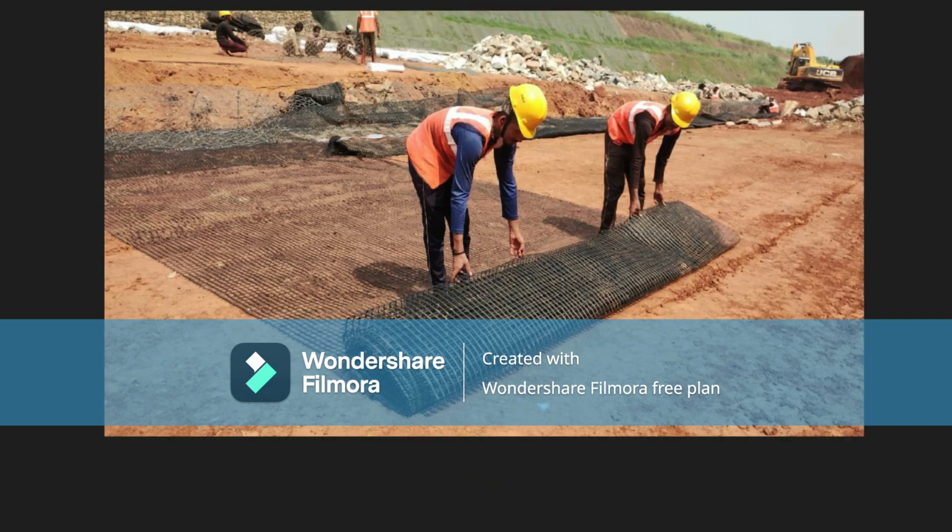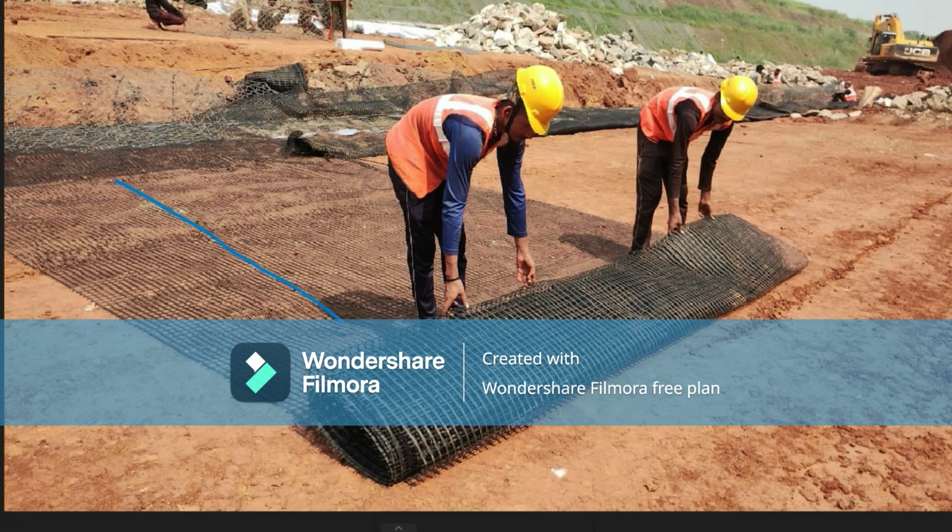Here, the geogrid is laid perpendicular to the direction of the sliding failure of the slope. They are manufactured in a fixed width, and they are in rolls of geogrid.